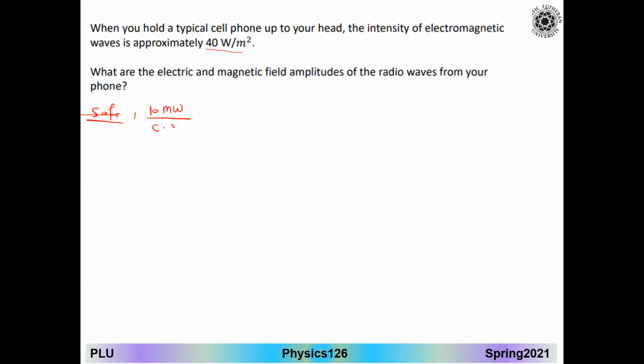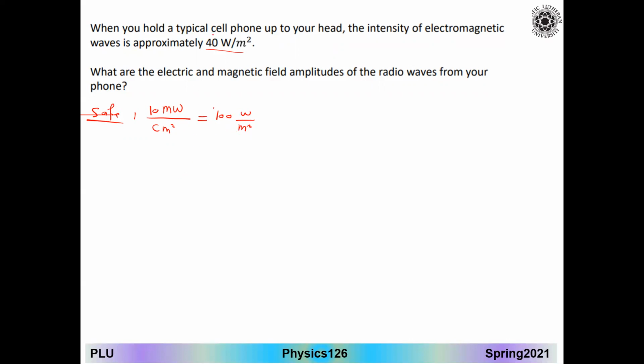If you change it to meter square, this is equivalent to 100 watt per meter square. This is the safe range.